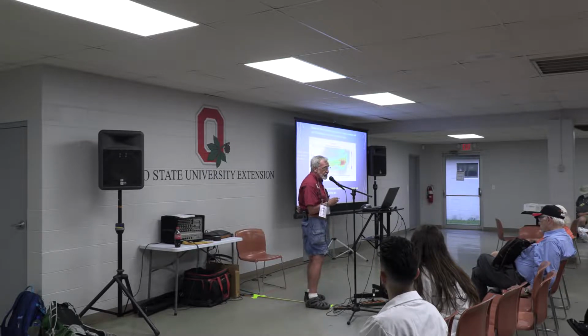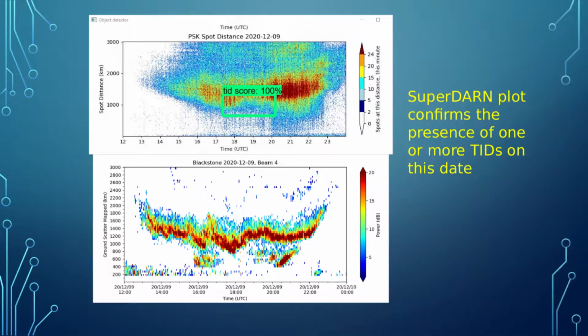Something happens in the ionosphere similar to this. Here, if we look at the SuperDARN plot, we see corresponding sinusoidal patterns. So it looks like it found something that seems to agree with the SuperDARN plot.